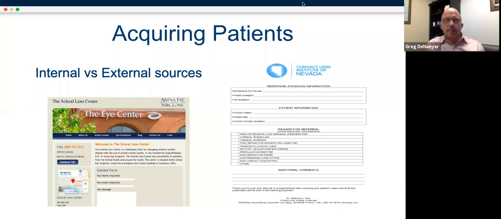From there, in my personal practice, about 50% of my referrals are from our cornea specialists. About 25% of my referrals now are actually from local optometrists in town, and certainly that's a significant source. But it took a long time to get those referrals, because especially in optometry, we're not used to referring to other optometrists, although that's maybe becoming a little more common.